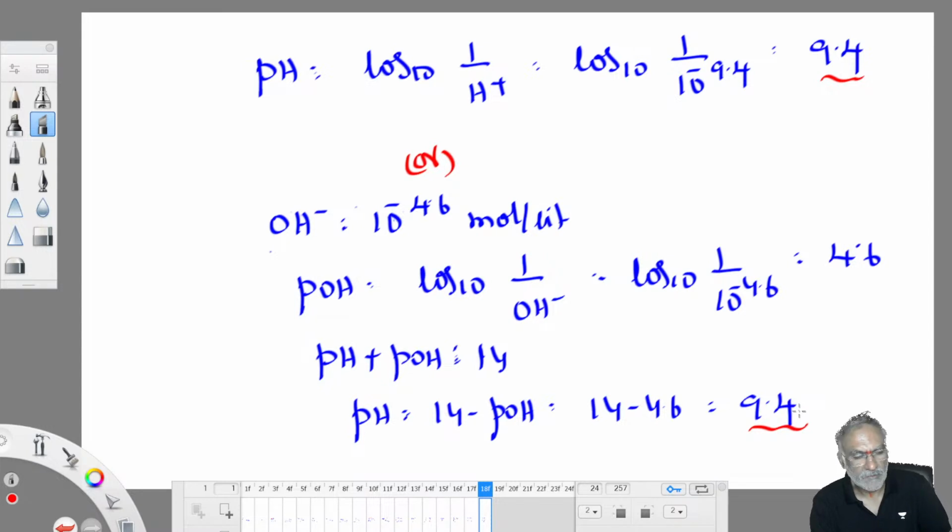Let us take some GATE questions related to pH.